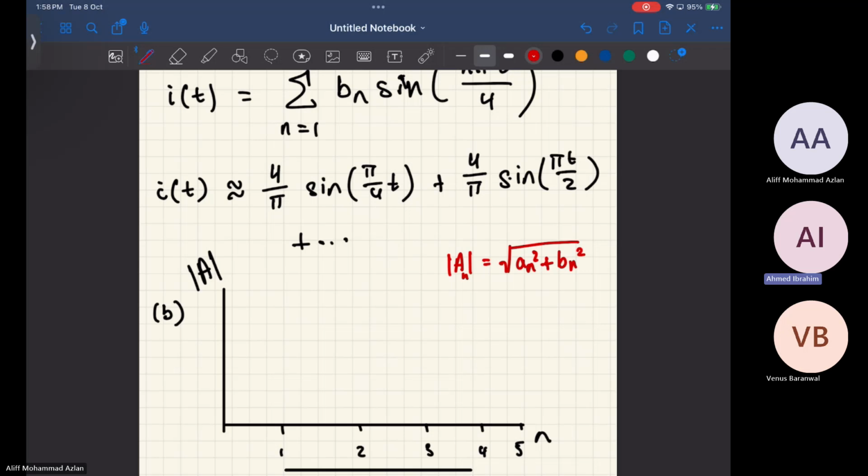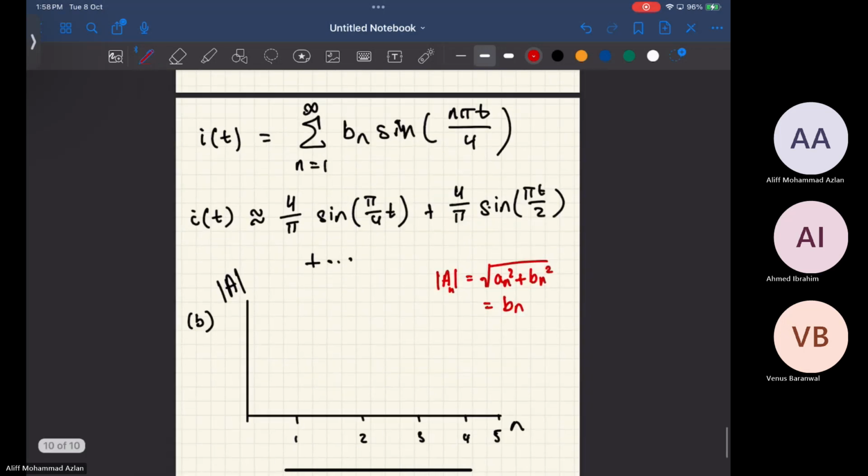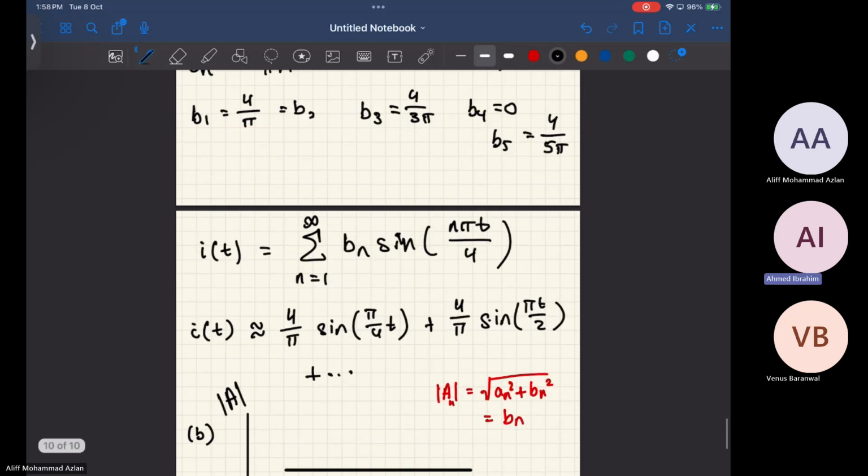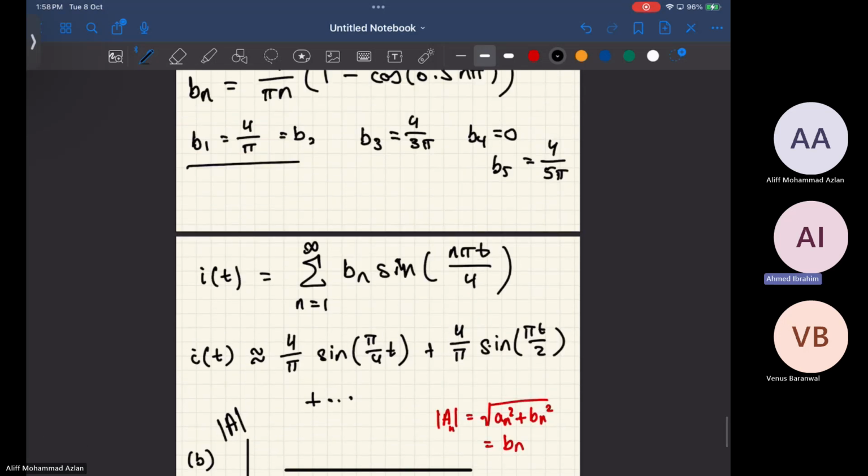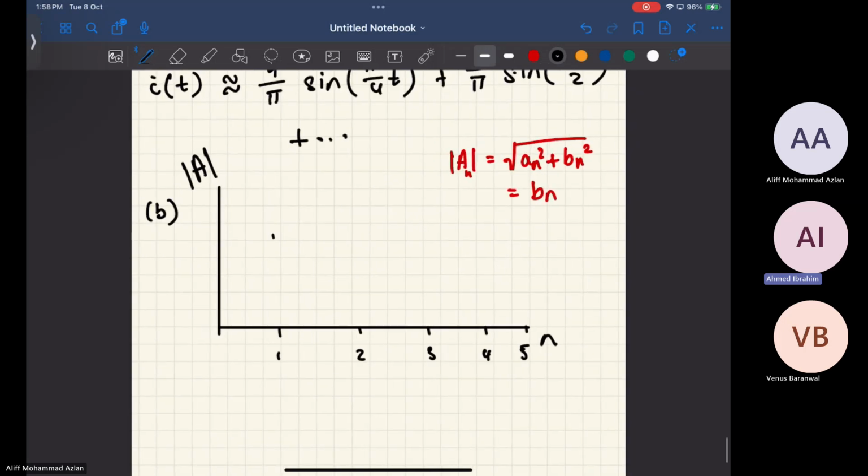So in this case, because An is 0, this is just going to be equal to Bn. So Bn, we just use these values, we calculate it and sketch them on the graph. So we're going to have 4 over pi, 4 over pi, 4 over 3 pi. This one is 0, and that's 4 over 5 pi.